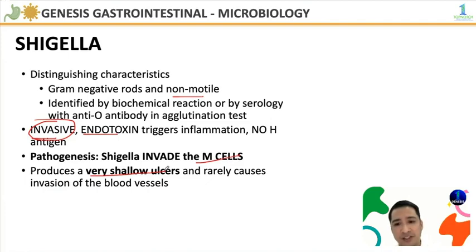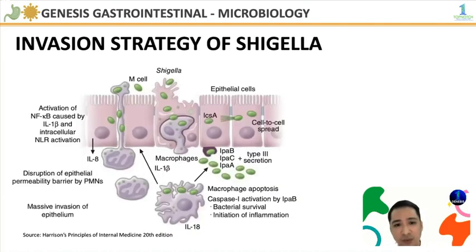When you're thinking of Shigella, you're going to think of the Shiga toxins. The Shiga toxins cause inactivation of the 60S ribosome by removing adenine. What are the complications? We have hemolytic uremic syndrome, similar to enterohemorrhagic E. coli.